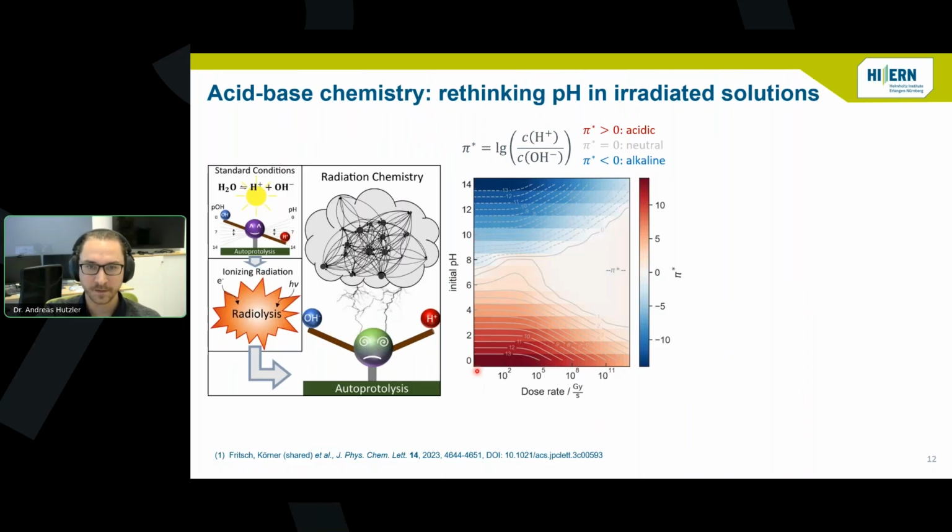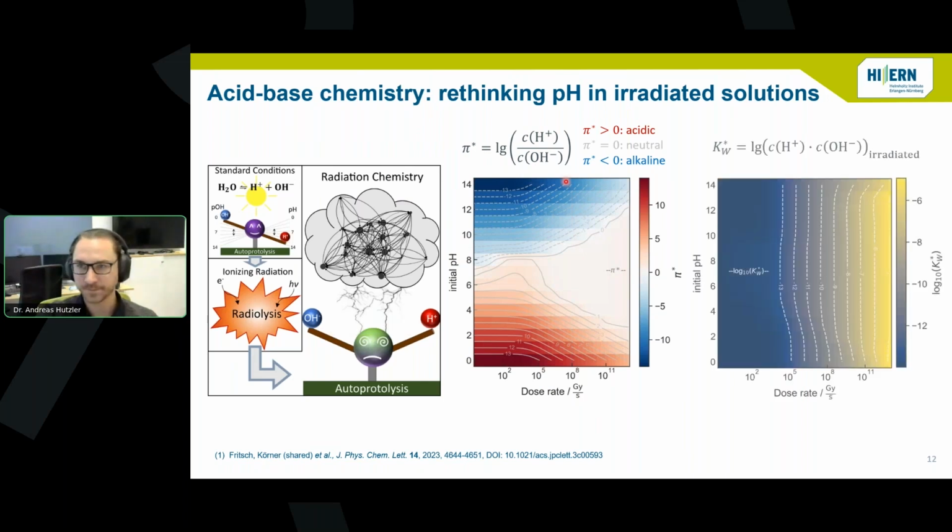And in this plot, we have our initial pH at the y-axis, whereas we have the dose rate at the x-axis. And what we can see when we increase the dose rate, we always drive the system towards a more or less neutral condition, meaning that the concentrations of H plus and OH minus are more or less identical.